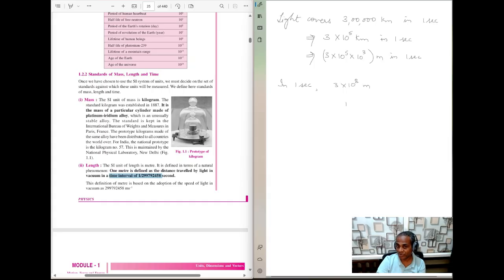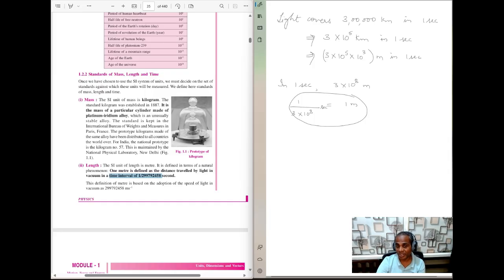So, 1 meter is nothing but 1 upon 3 into 10 raised to 8 seconds, because the seconds is on the left side. That means I can define meter as the distance traveled in this time interval, and that is what is mentioned here.